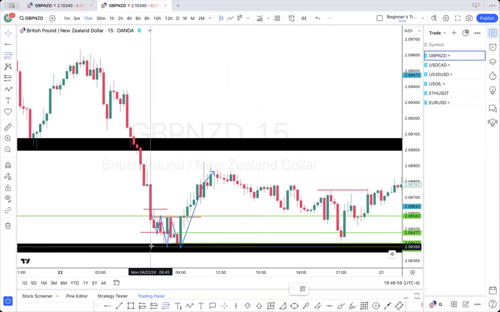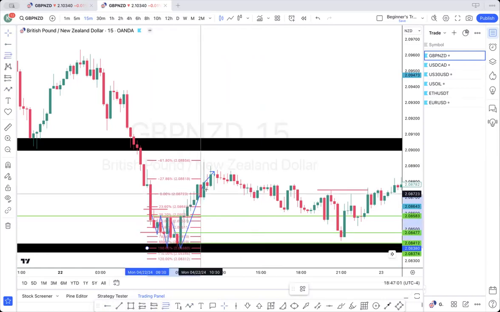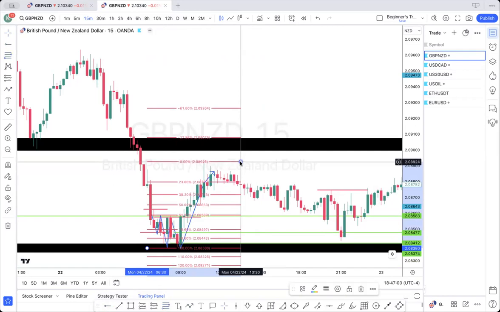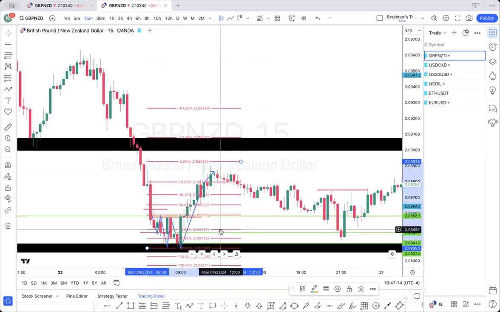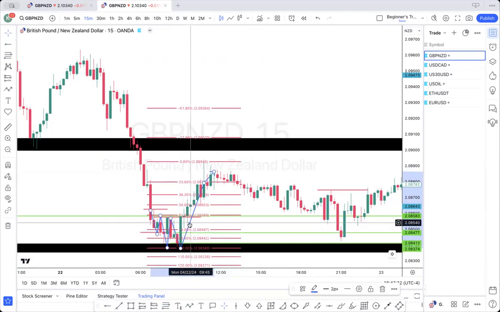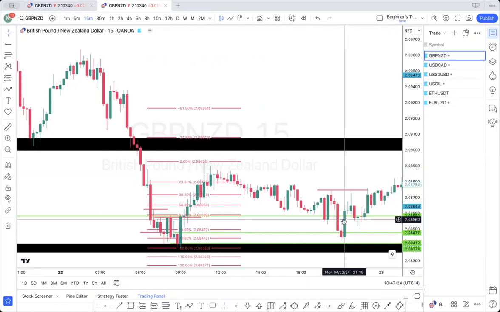If you fib that move, price pulled back to your 78, price pulled back to the 88. So you can either mark up your 78 for entry or just mark up the top of the wick, right?